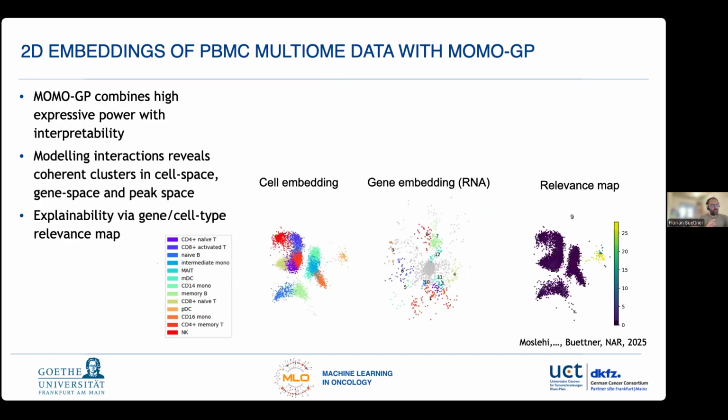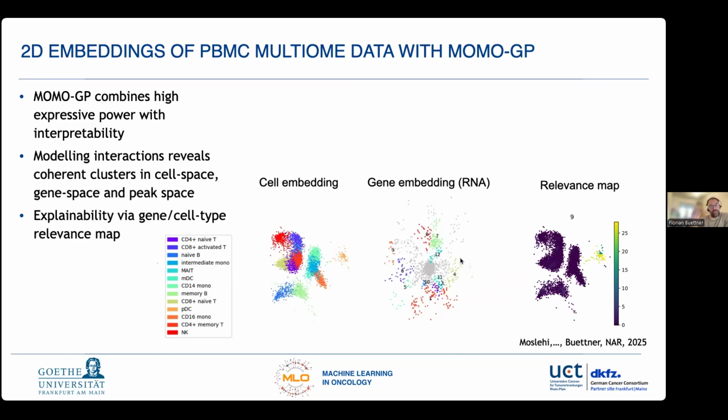So in contrast, with MOGP, what we now get is, first of all, cell embeddings, which come at a similar resolution as the UMAP rather than the PCA. And in addition, we also learn these gene embeddings for the genes. What we can then do in this gene embedding space is compute metagenes, which are groups or modules of genes that are co-regulated.